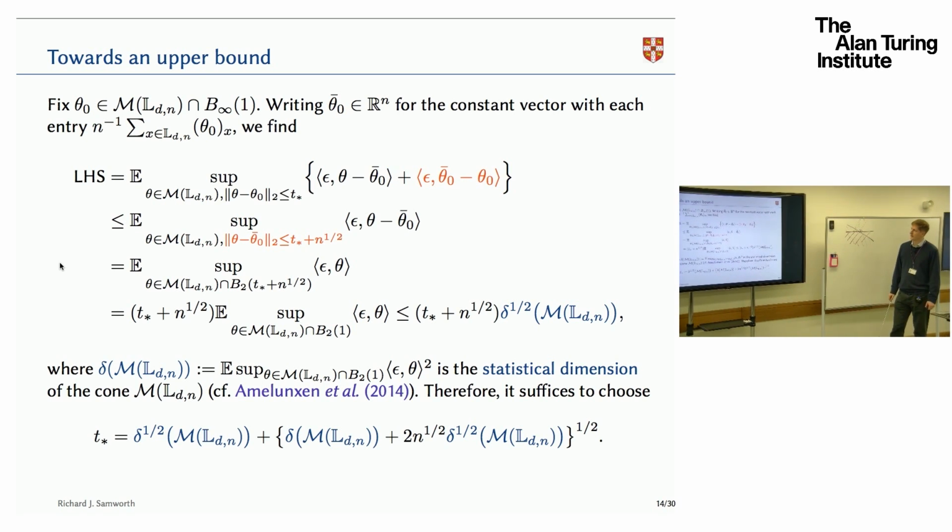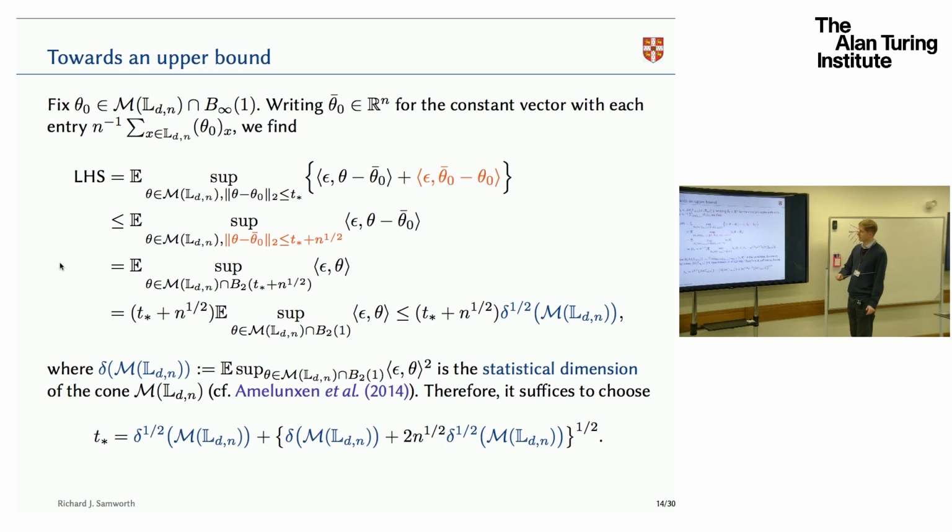And the crucial point here is that this set is closed under subtraction or addition of a constant vector. So I can just translate this, and now I'm working within the L2 ball centered at 0 and of radius T star plus n to the 1/2. That's just the fact that the class of monotone functions is closed under addition of a constant.